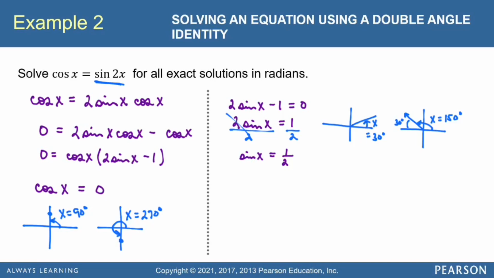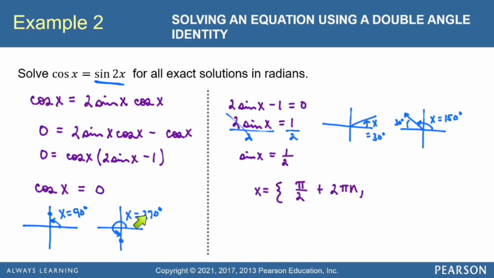Now to write our final solution set, we will convert each of these degree solutions to radian form, and we will also add our plus 2 pi n after each solution. So here we go. X equals curly braces. For the first solution, 90 degrees, we know that that's pi over 2, and then we will add plus 2 pi n.